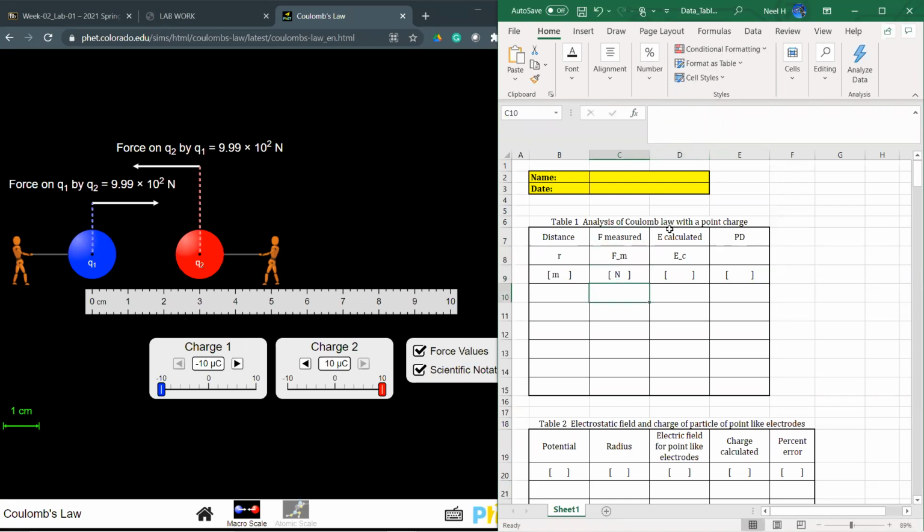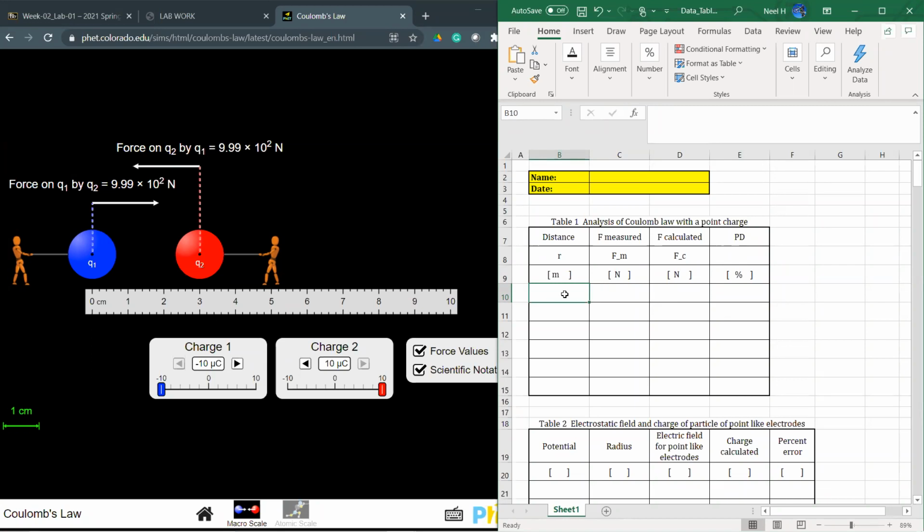And we'll calculate the force. This also, please change into force calculated, also in Newton. And PD, we're going to do the percentage difference between the two numbers. There are no units. We'll use the percentage sign there, okay?